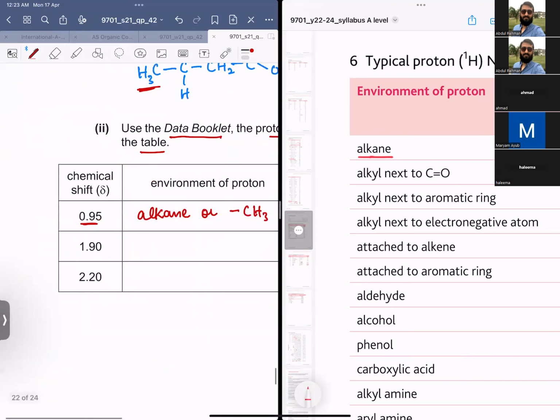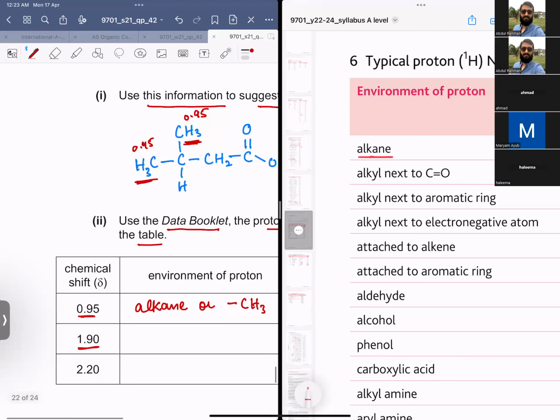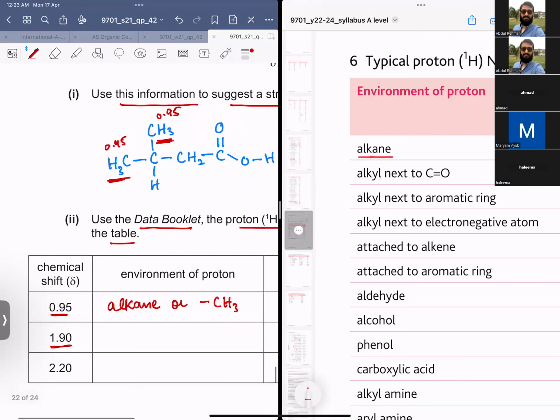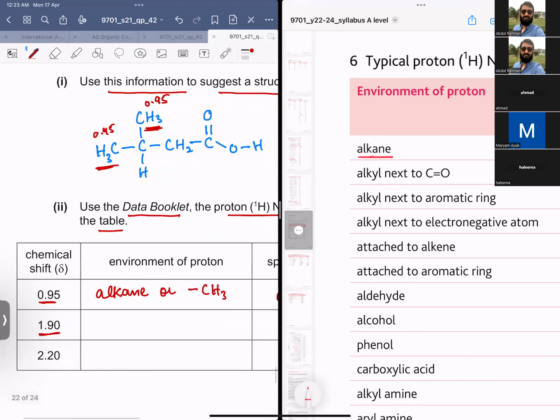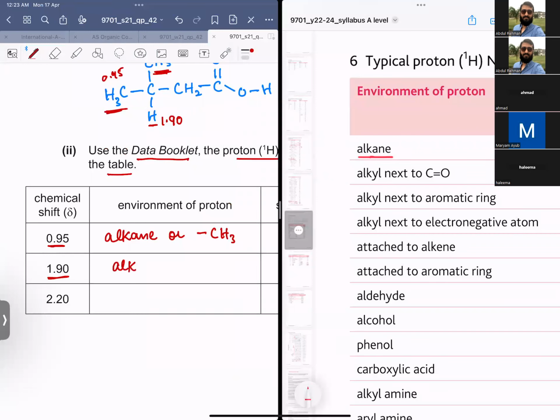Now, the next signal is 1.9. If you see, this hydrogen is relatively de-shielded than the CH3 hydrogen. So that's why its peak is appearing at 1.90. So it is also an alkane because in its neighbor there are only alkyl groups.